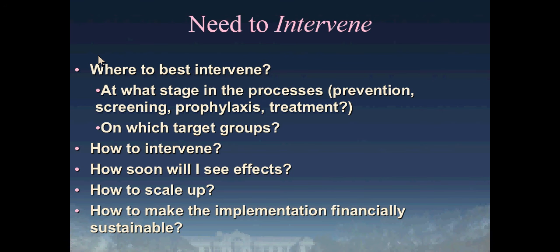The second big reason is we want to intervene. We want to change things. We want to make a computer cluster that's more performant. We want to design this computer system to be higher throughput, to handle more requests per unit time. We may want to intervene in a healthcare system or in a health system more broadly, where we're focusing on certain groups that are at highest risk, maybe of getting infected by flu.